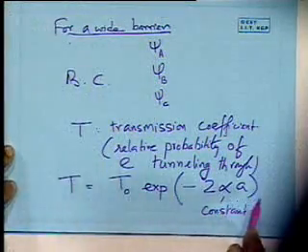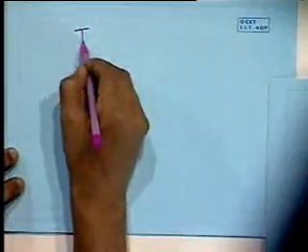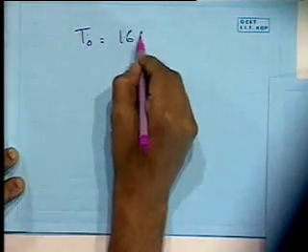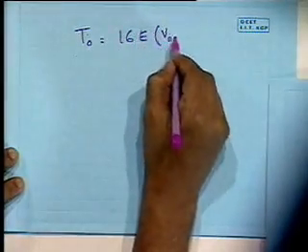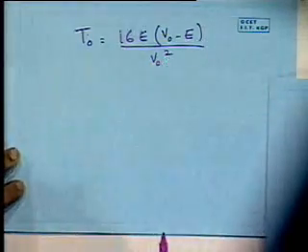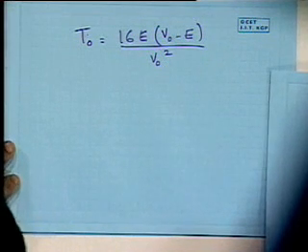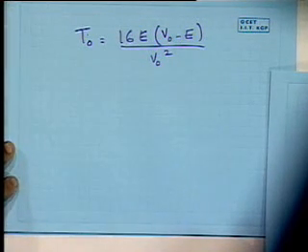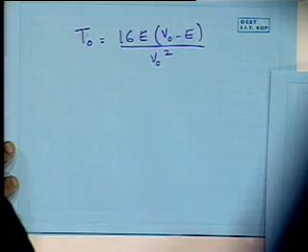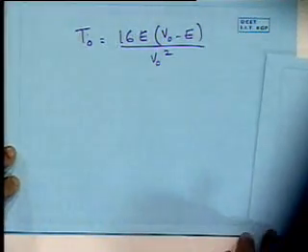T equals T naught exponential minus 2 alpha A, where T naught is equal to 16 E (V naught minus E) by V naught squared, V naught being the height of the barrier.